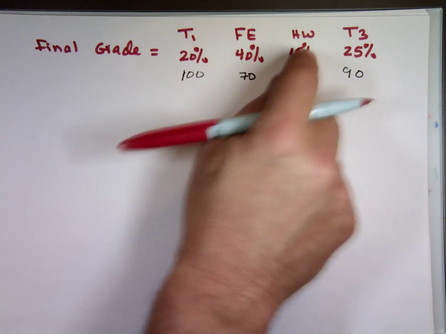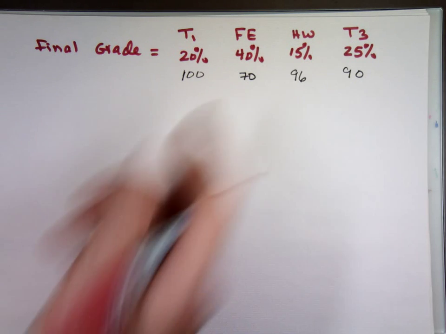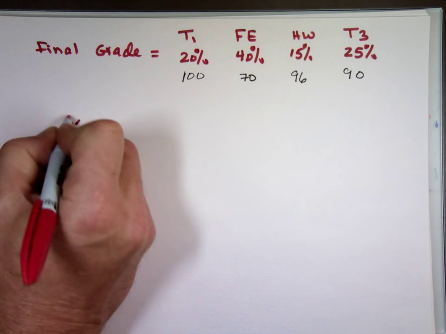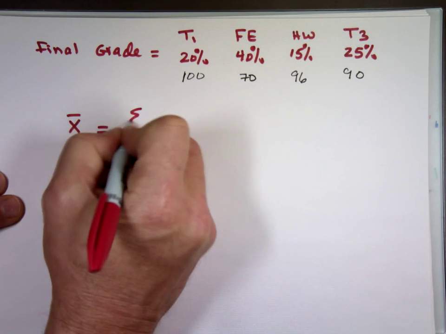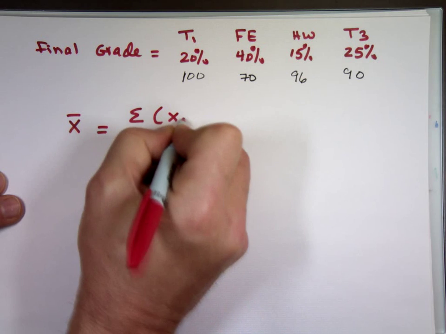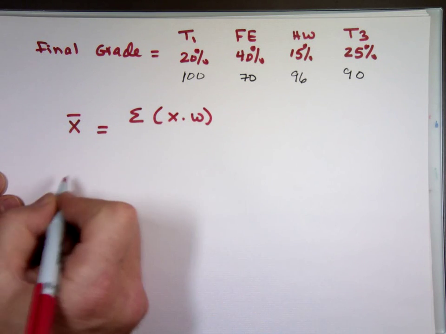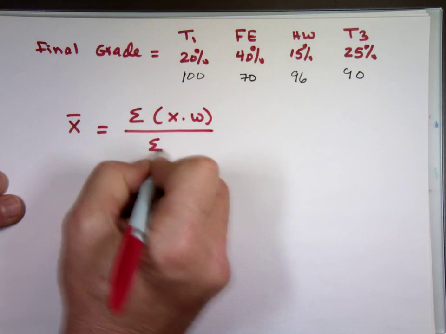So when you have a different percent, the average should be the value times the weight, or the percent, divided by the sum of the percents or the weights of each one. W for weight.